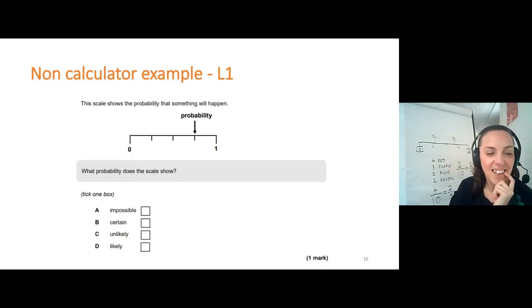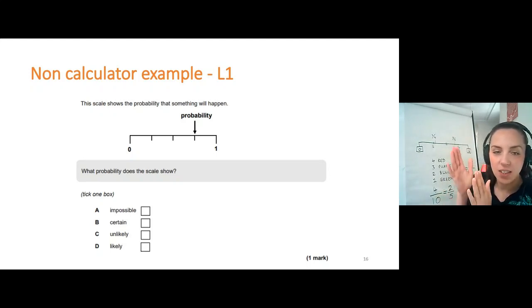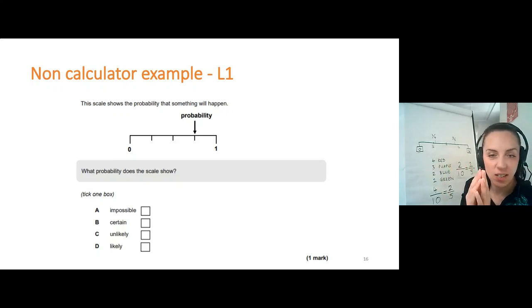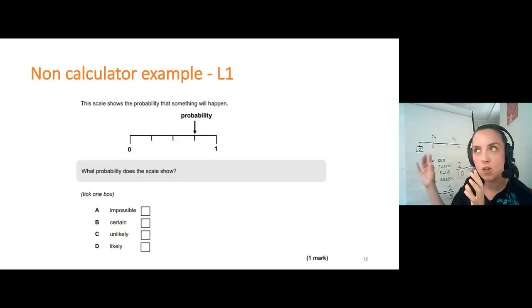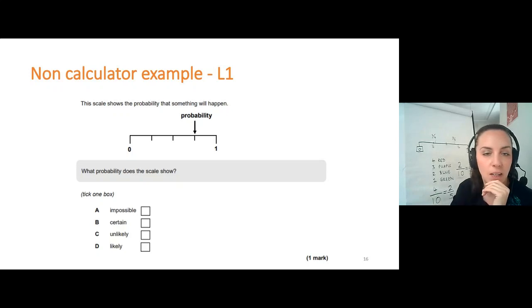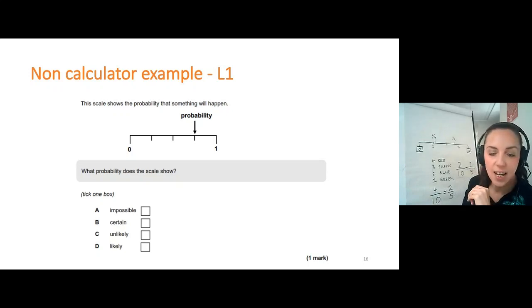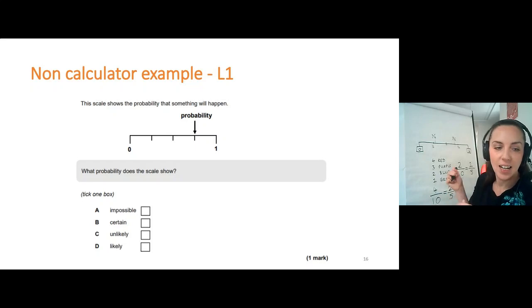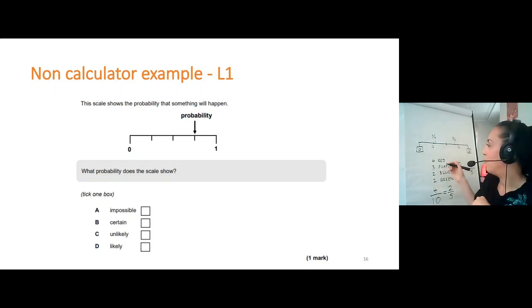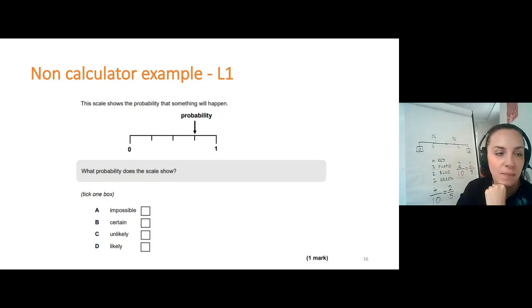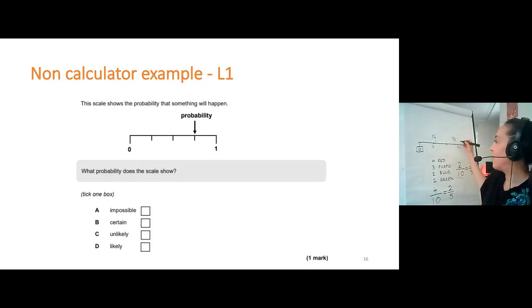So if we look at it, we just need to make sure we're along the right. So think 0 to 1. There's 0 chance of something happening, and 1 being 100% chance of something happening. If the probability is marked about here, which is where it is on the example, this will be likely.